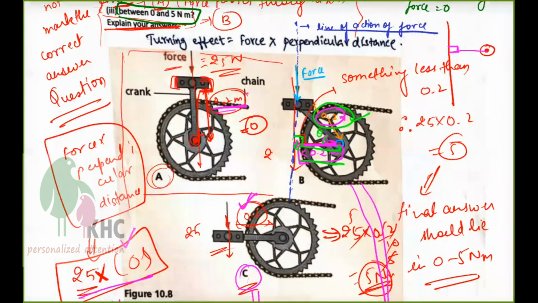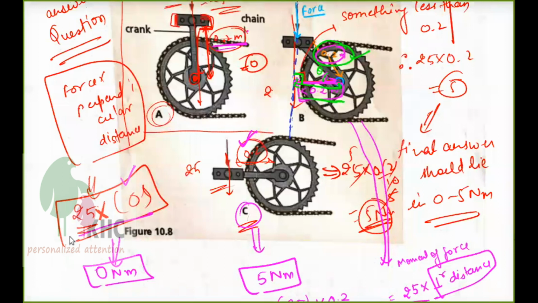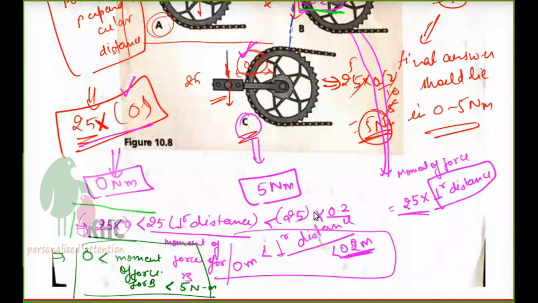Okay. And then you have to write down this inequality. First you will write this: 0 meter is less than perpendicular distance, which is less than 0.2 meter.